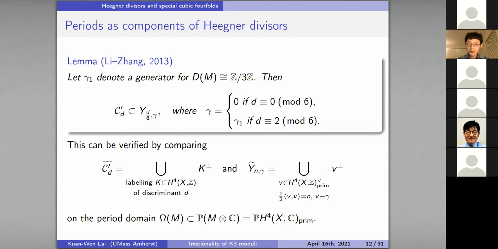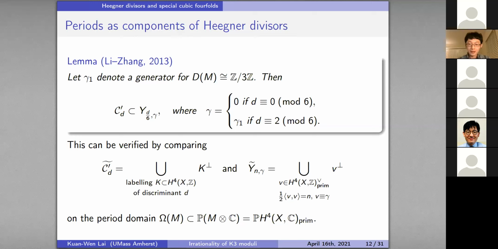So to prove the inclusion, you only need to take one labeling from the left-hand side and compute its orthogonal complement in the primitive lattice. This is a hyperplane in the primitive lattice. So the only thing you need to do is to find another vector whose orthogonal complement is this hyperplane section.